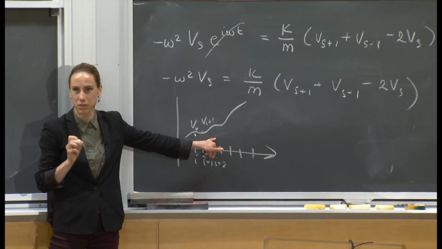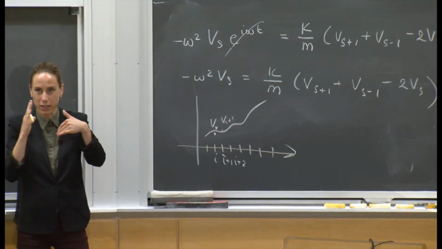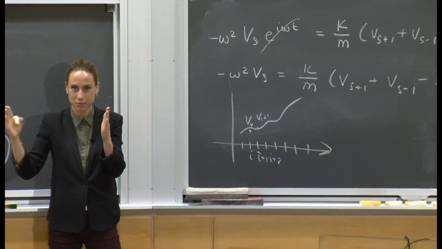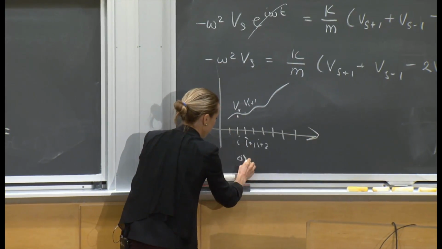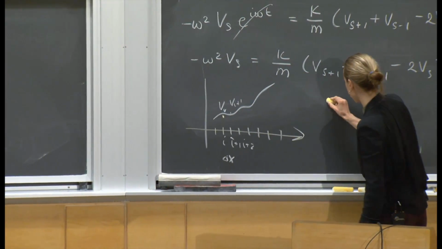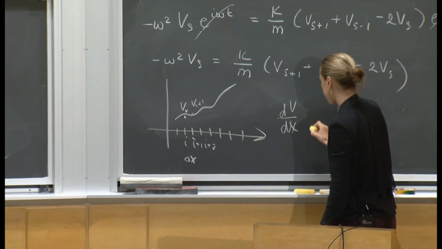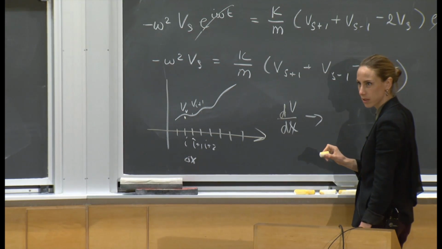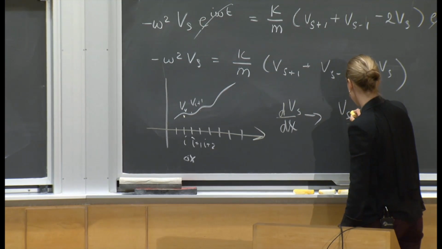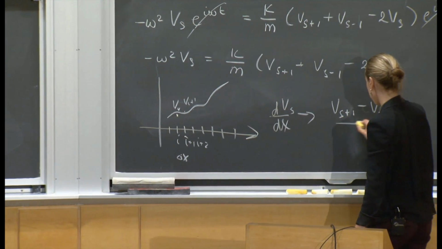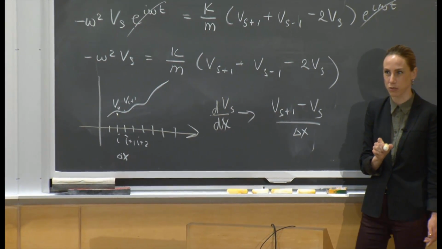How does the computer take the derivative? Computer takes your function and breaks your x-axis into little delta x's, and then to find the derivative, let's say dv/dx, what it's going to do at the position s is v_(s+1) minus v_s divided by delta x. That's what the computer is going to do if it wants to take a derivative.